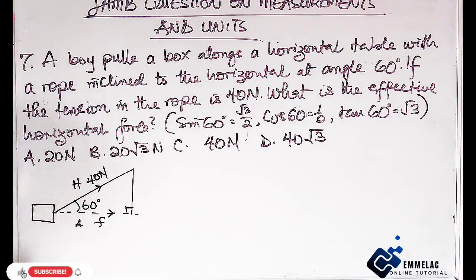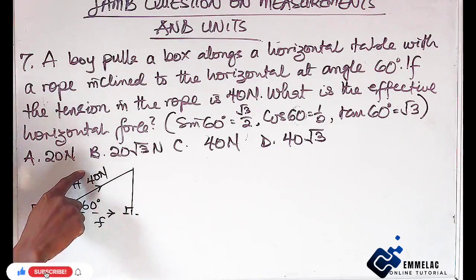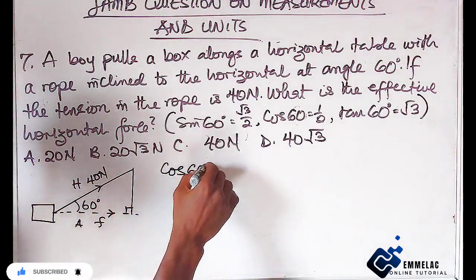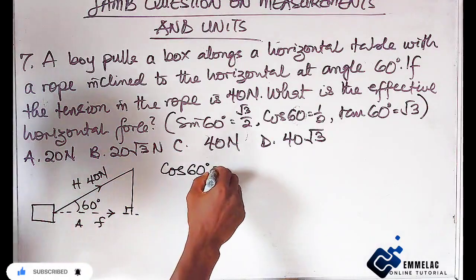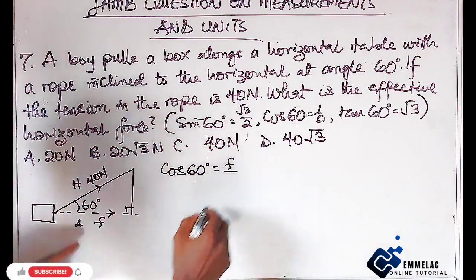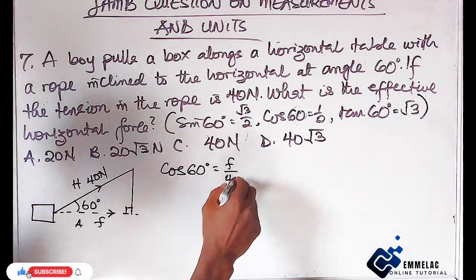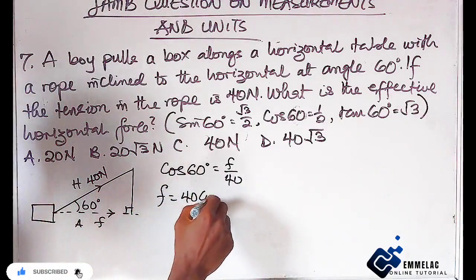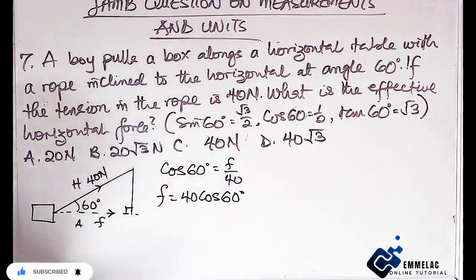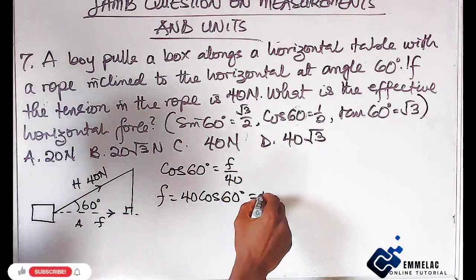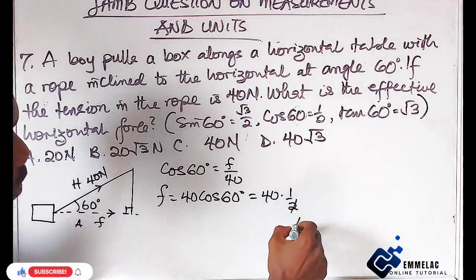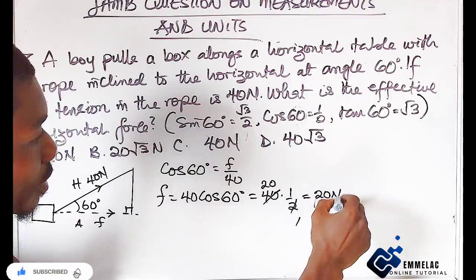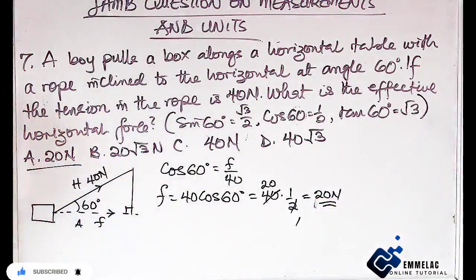So the relationship between 60, 40 and the horizontal force will then be cos 60, using SOHCAHTOA, equals the adjacent, which is F, over the hypotenuse, which is 40. Making F the subject, we have F equals 40 times cos 60 degrees, and we are told that cos 60 degrees is 1 over 2, so 40 times 1 over 2, 2 into 40 is 20. So the horizontal force is 20 Newton, which is option A.